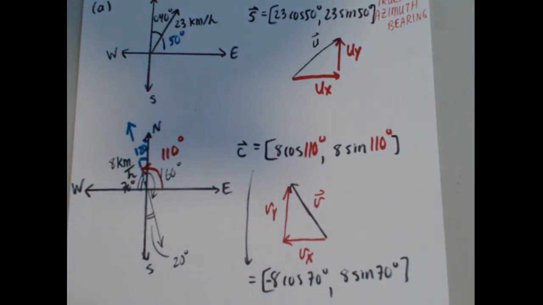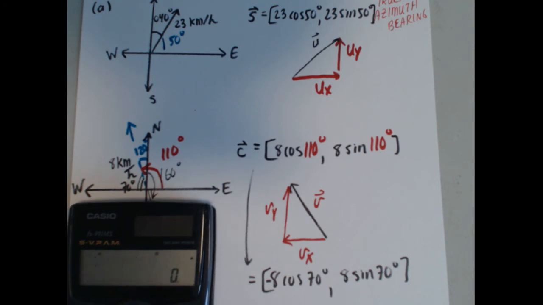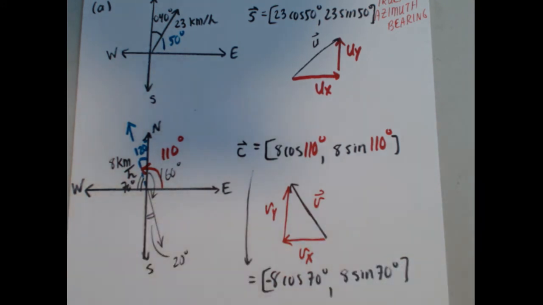Sure enough, we can grab our calculator and make sure that's correct. 8 times cosine of 110 is approximately minus 2.74, and minus 8 times cosine of 70 is again minus 2.74. So it's about the same.